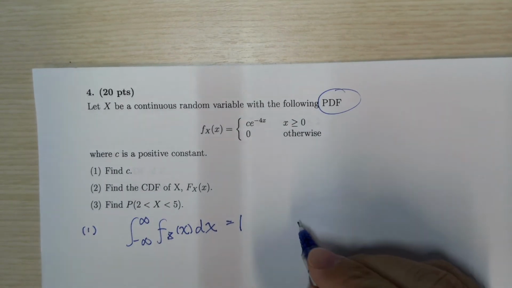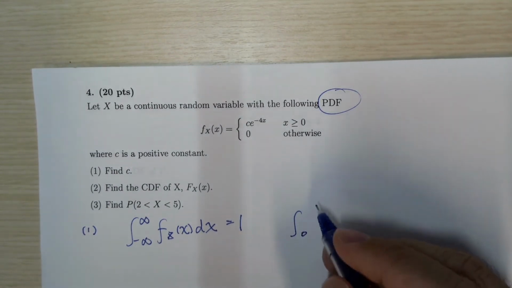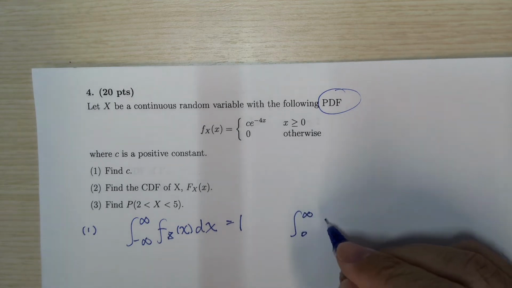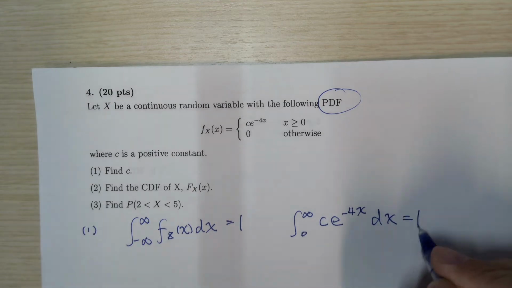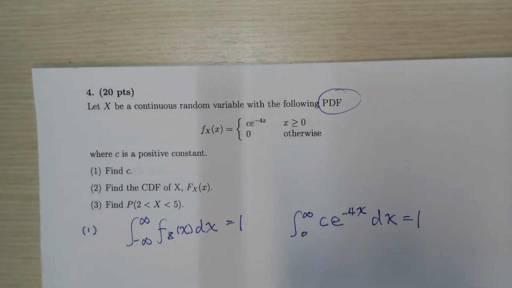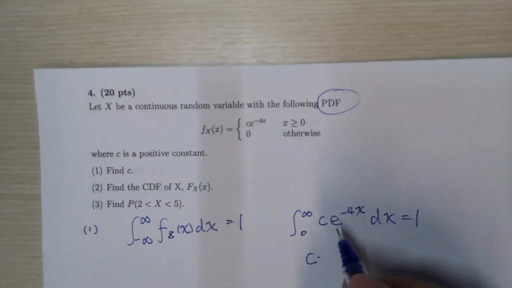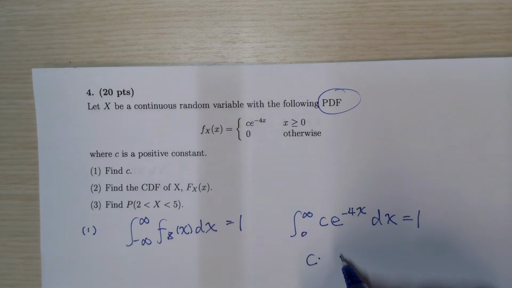Here it becomes the integral from 0 to infinity of C e to the power of negative 4x dx equals 1. We can evaluate this piece: on the left-hand side it is C times negative e to the power of negative 4x over 4.